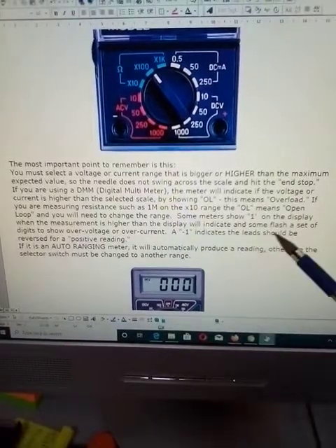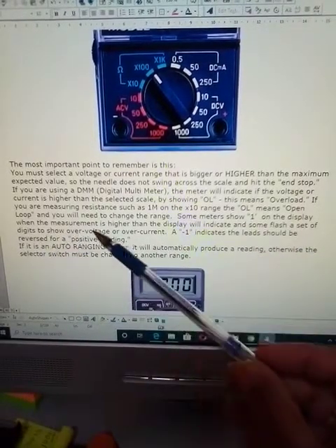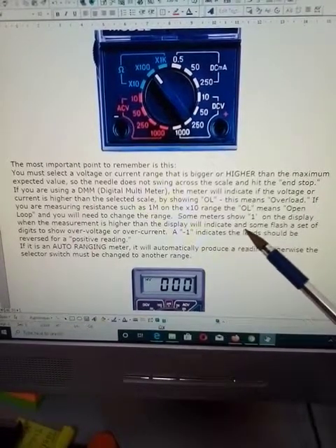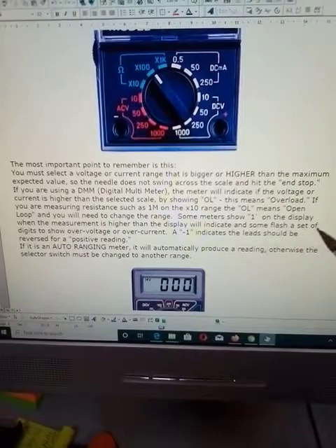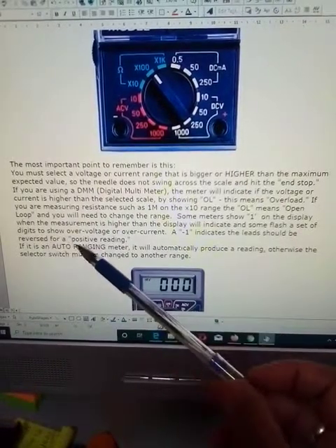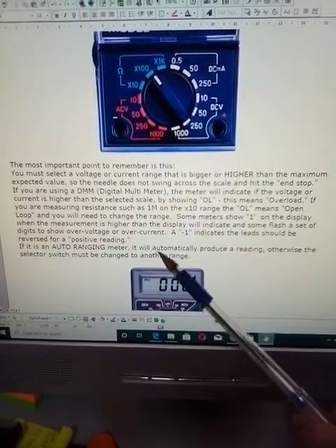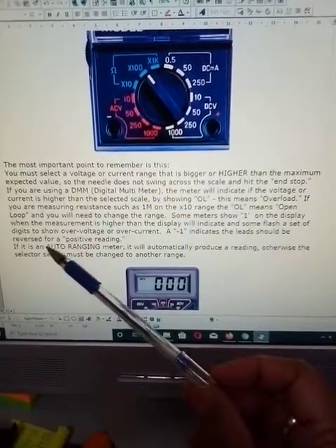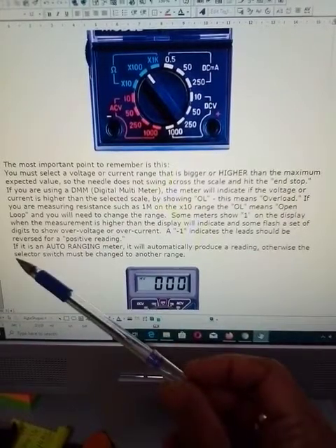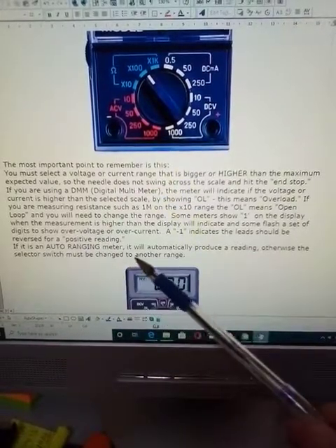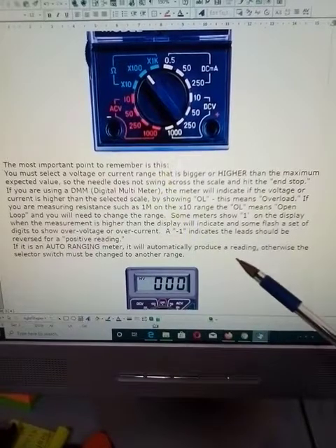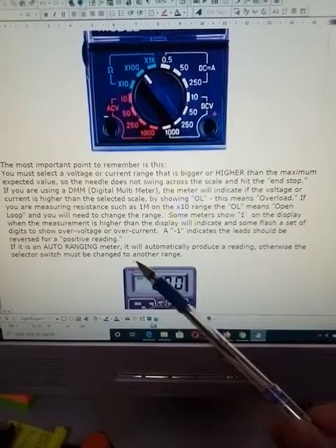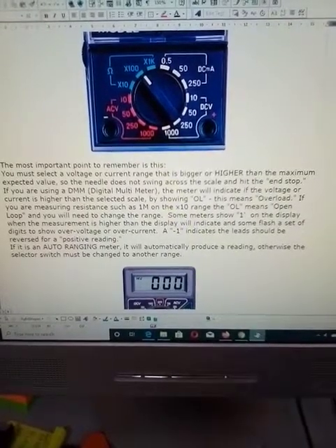So let me just show 1 on the display when the measurement is higher than the display will indicate, and some flash a set of digits to show over voltage or over current. A 1 indicates the leads should be reversed for a positive reading. If it is an auto-ranging meter, it will automatically produce a reading, otherwise the selector switch must be changed to another range. Okay.